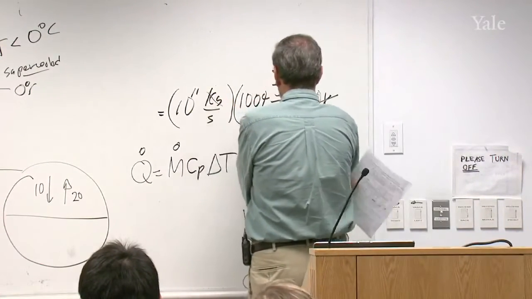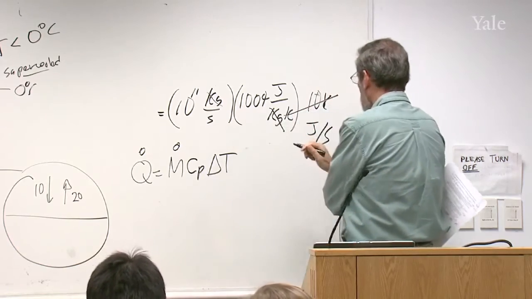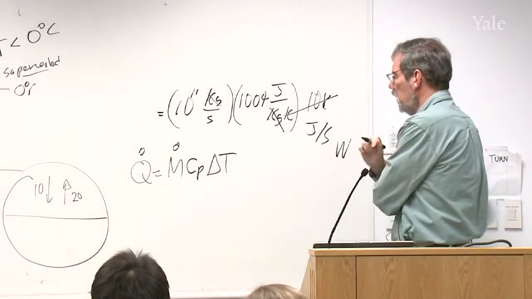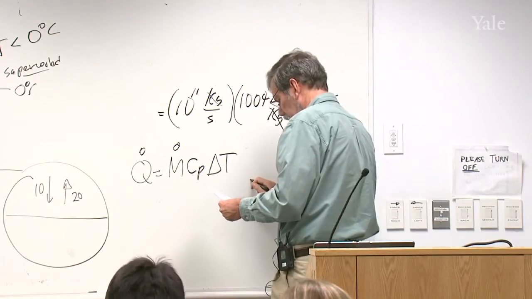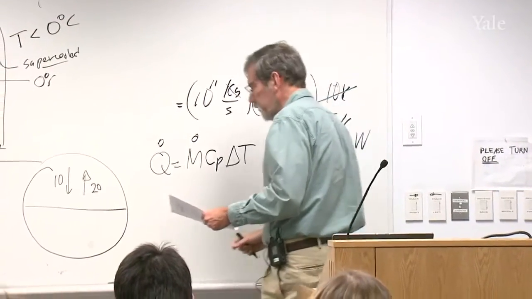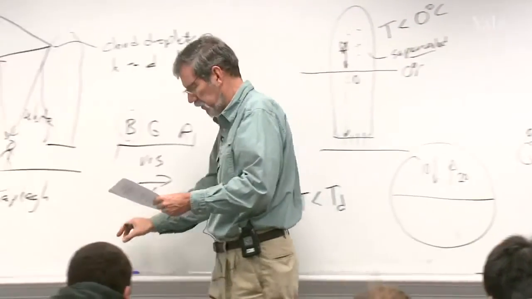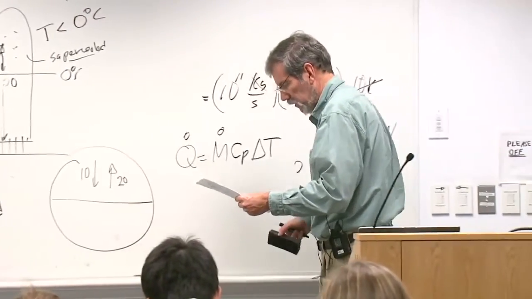The kilograms will cancel, and you get something with joules per second, which is a watt, by the way. And so I ended up with, what did I get? 1.5 times 10 to the 17th. Let's see.